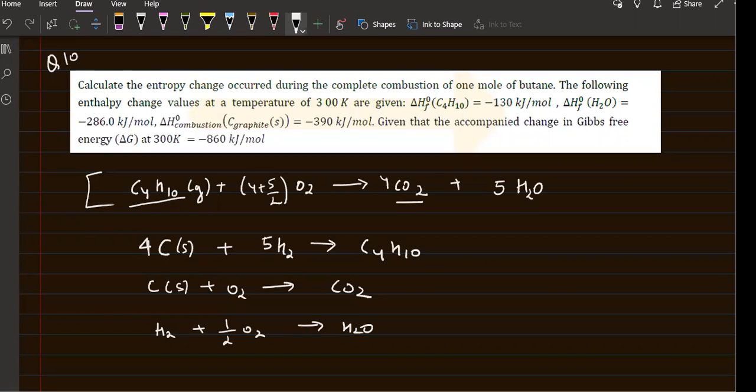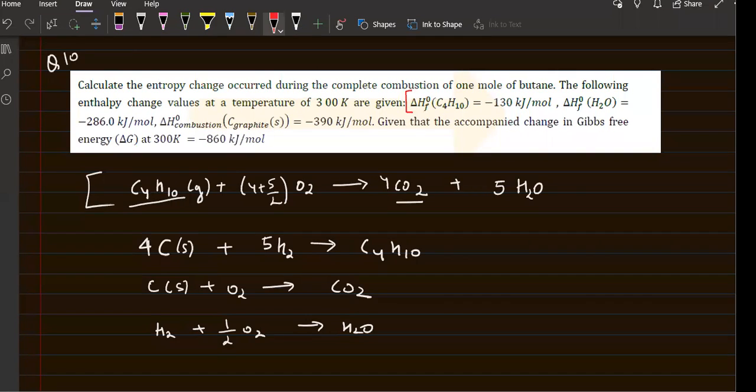Now tell me, these are the reactions which might occur, because O2 exists in natural state. O2 is O2 only. Now just see the problem, and see the information. Since we haven't studied this topic, I am expecting this is called the heat of formation of C4H10, which is how much energy is required to form this.